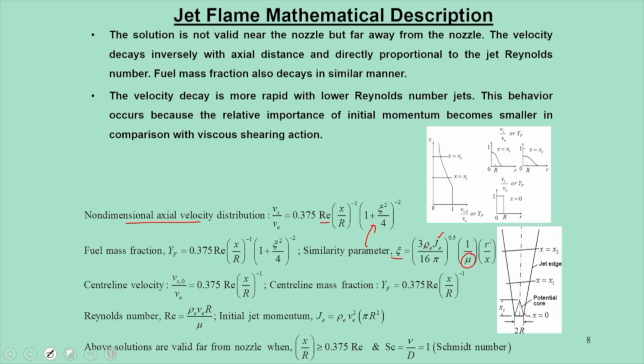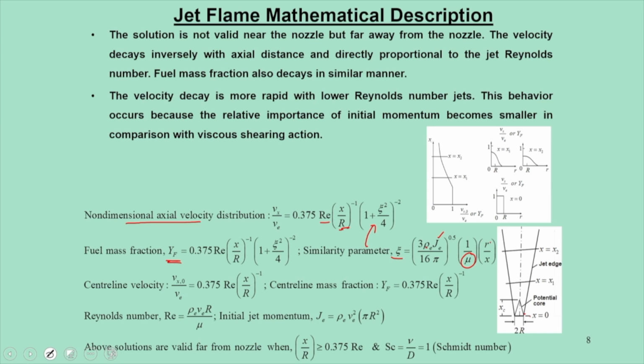That means if you fix X and try to find R, that is with respect to X, Vx by Ve, and R is the fixed number, where twice R is the diameter of that fuel jet. Now through these we can find a similar term, which is the fuel mass fraction. Interestingly, this ratio and this ratio bear the same value because it's a ratio.